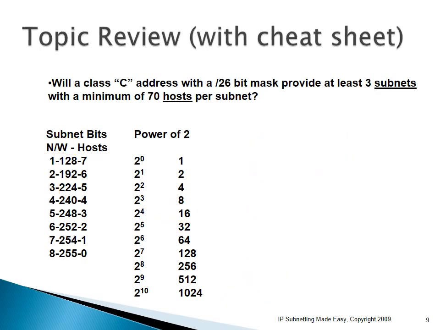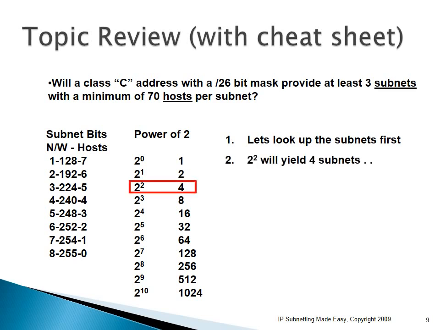Here's a similar question. Will a Class C address with a 26-bit mask provide at least 3 subnets with a minimum of 70 hosts per subnet? We'll begin by looking up the subnets. 2 to the 2nd will yield 4.